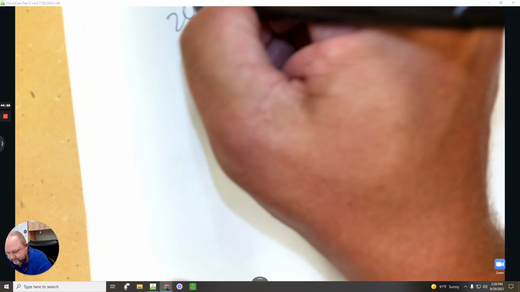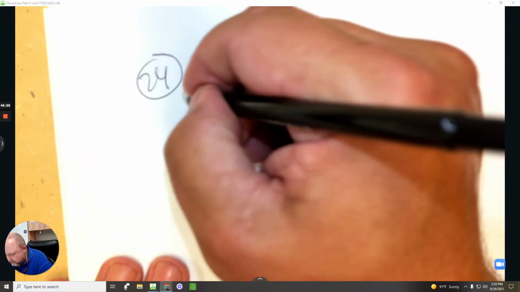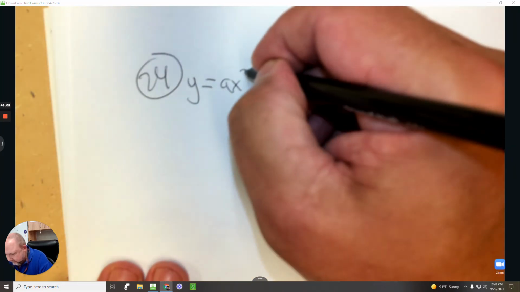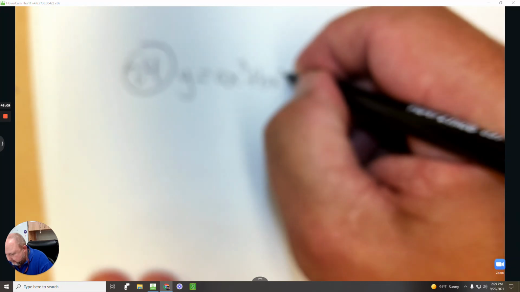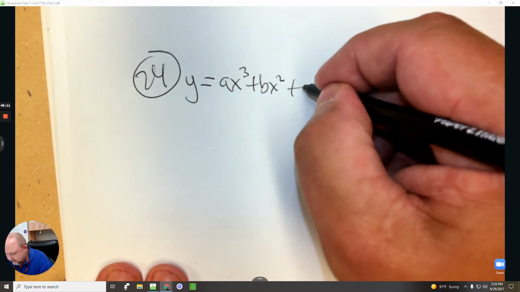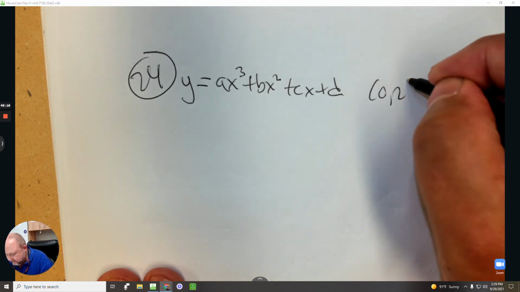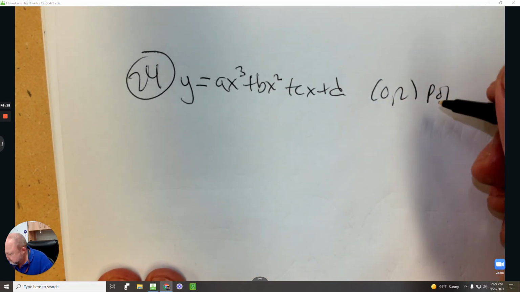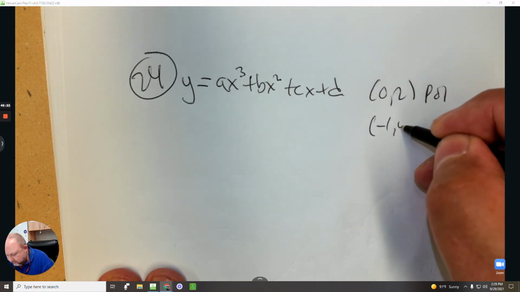24. It's good to have good algebra skills, right? The graph y equals ax cubed plus bx squared plus cx plus d has a point of inflection at (0, 2) and a relative maximum at (-1, 4).